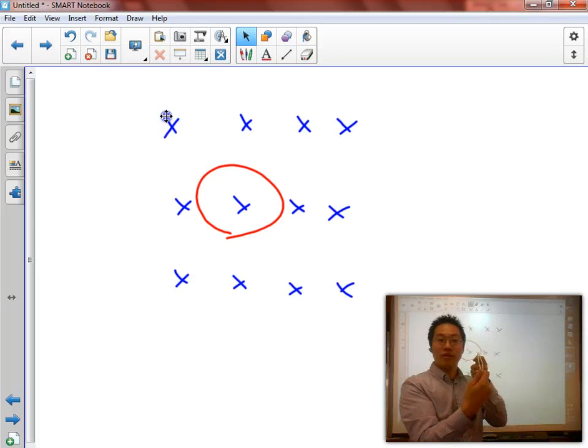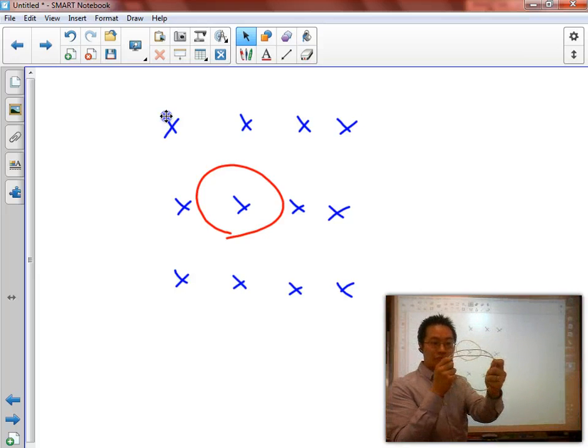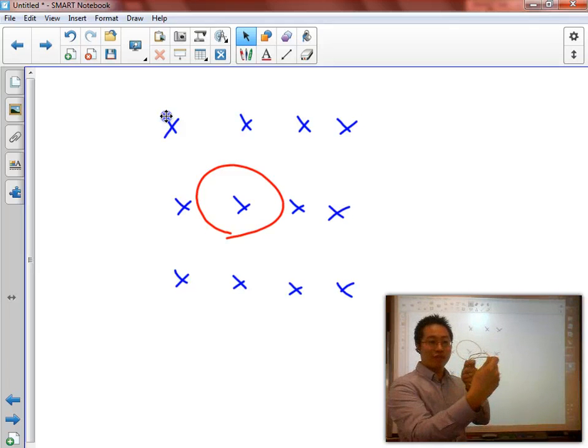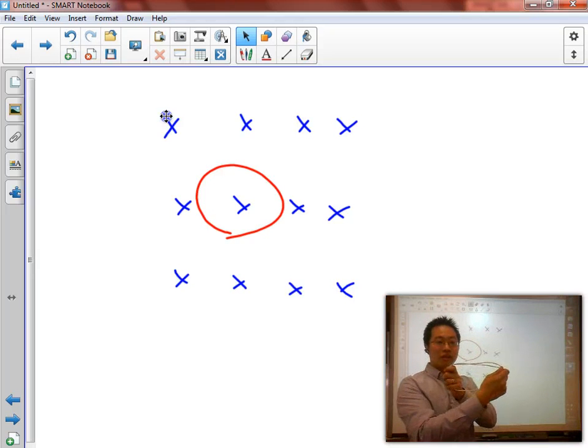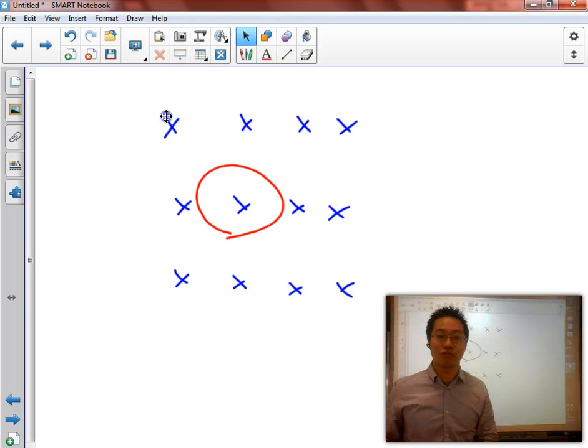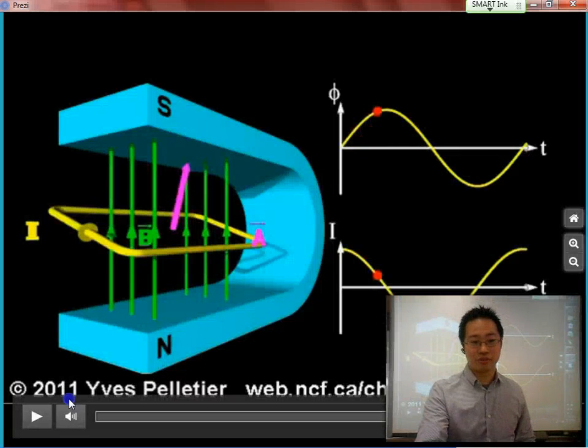In this case, the answer would be 0. So simply by rotating the loop, I'm creating a change in magnetic flux. In this case, it's decreasing, decreasing, decreasing until it's 0, and then it's increasing, increasing, increasing again until it's a maximum value. If I keep on rotating it, this is going to be a constant change in flux, which means I end up creating electricity going one way, then the other way, then one way, then the other way as it goes around and around. And that's actually what we call a generator.